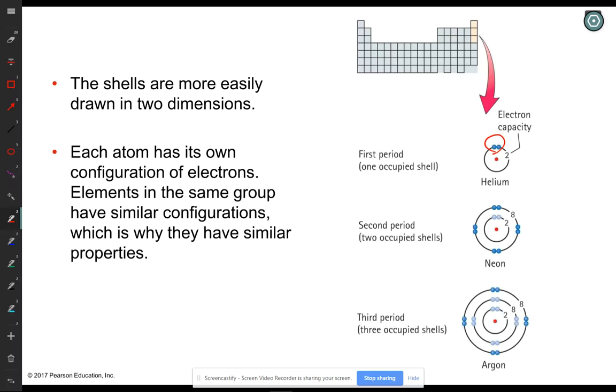And so this had them paired up. You go to the next one, and we have the same structure in the outer shell because it also had 8. So we're just not going to look at the inner shells. We're only going to look at the outer shell for our electron dot pictures.